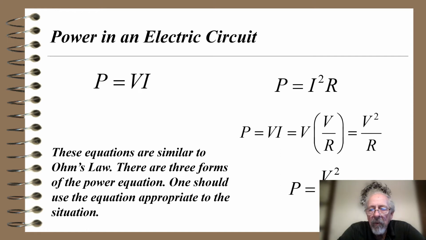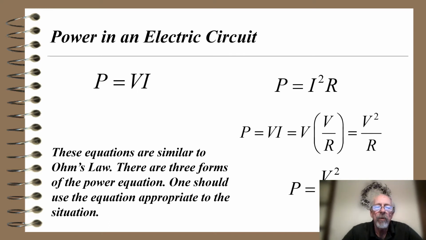One is power equals I squared R. Another, if we change I to V over R, we'll find that power is equal to V squared over R. So these equations are similar to Ohm's law, three different forms of them. Again, power equals V times I, power equals I squared R, or power equals V squared over R.